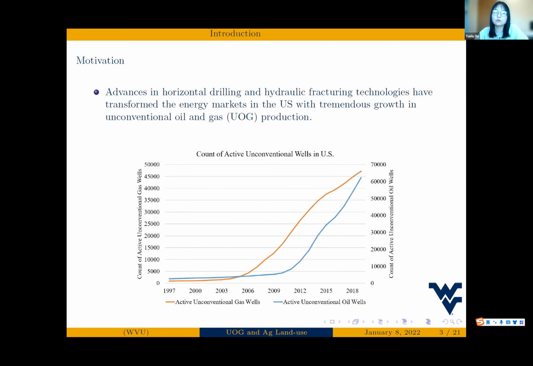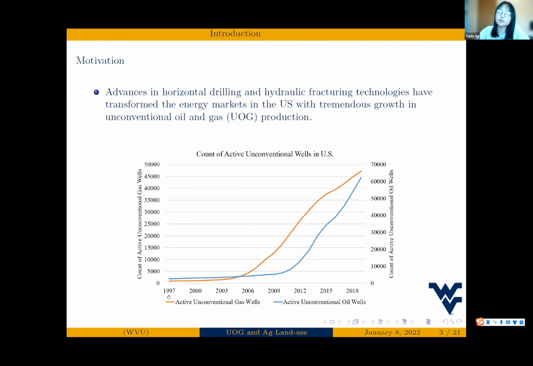Since the US shale revolution began in 2008, the use of horizontal drilling with high volume hydraulic fracturing has become highly prevalent. This technology enables US energy producers to extract oil and gas from unconventional sources in a cost-efficient manner.